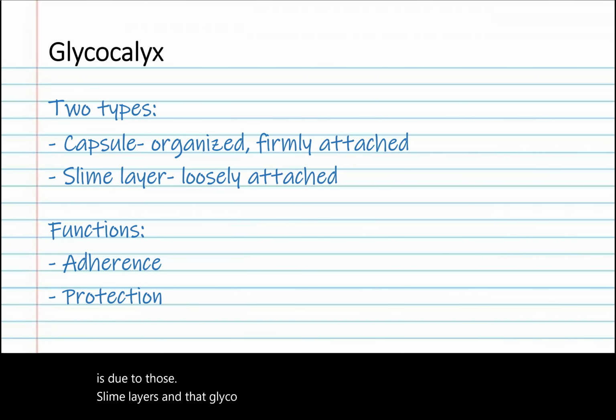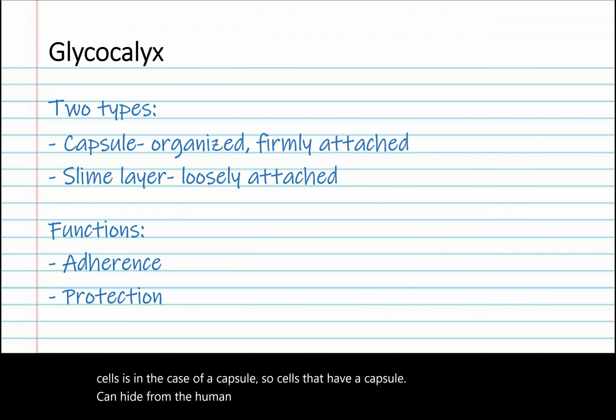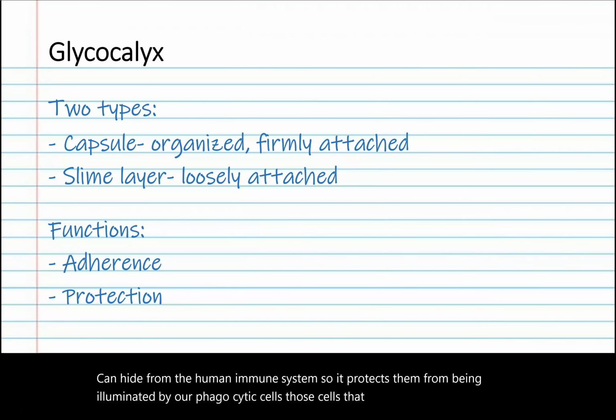Another example where a glycocalyx can protect cells is in the case of a capsule. So cells that have a capsule can hide from the human immune system. So it protects them from being eliminated by our phagocytic cells, those cells that are bacteria eaters.